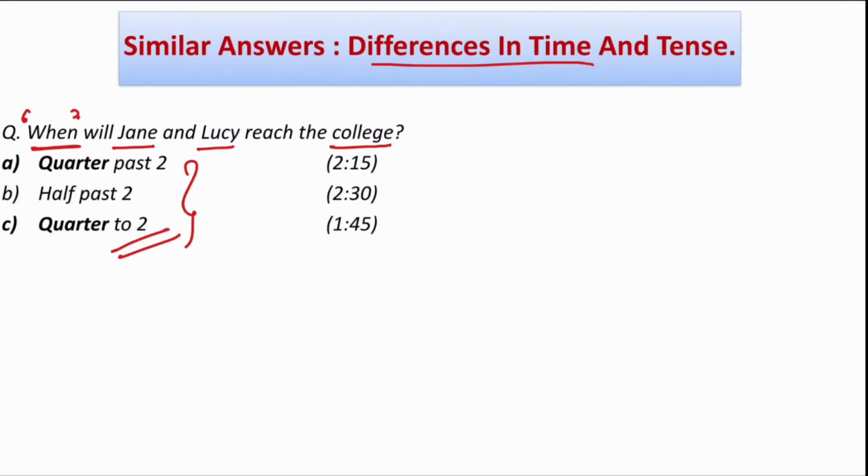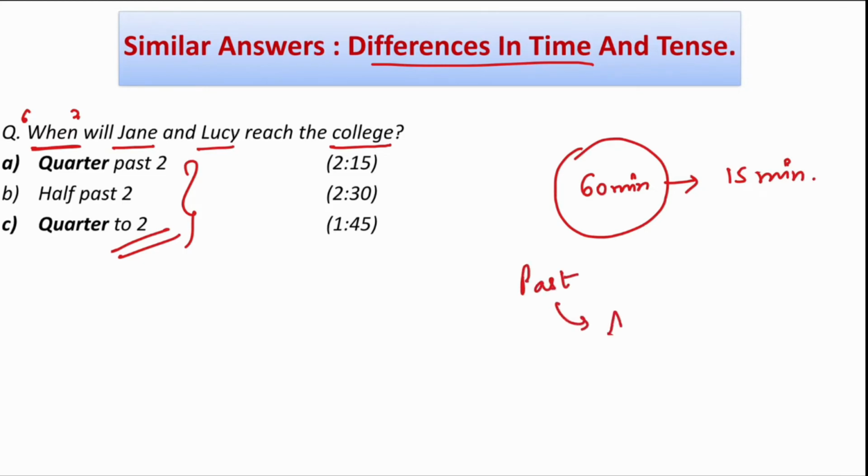So you have to learn this concept that in an hour, you get 60 minutes and each quarter consists of 15 minutes. So when it is written past, that means after, and when it is written to, that always means before.